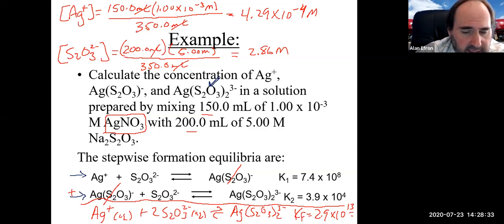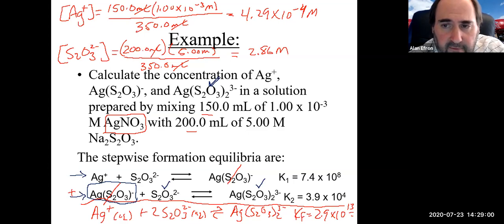If you look at the end of the ice table we just did, we have this concentration, and we also have this concentration as well, which means we can use just the second equation by itself and figure out the concentration of our AgS2O3 minus by using that equation as a standalone problem. So let me do it that way first, just to show you.